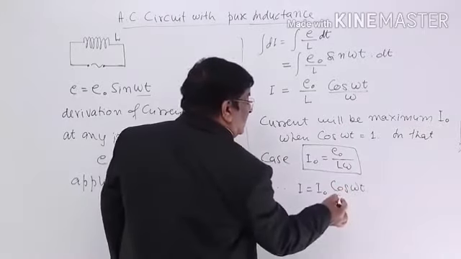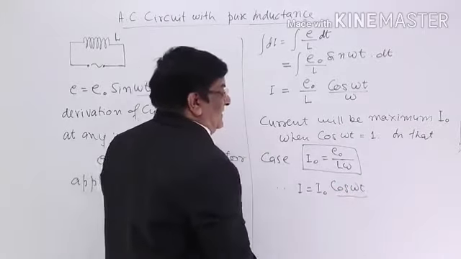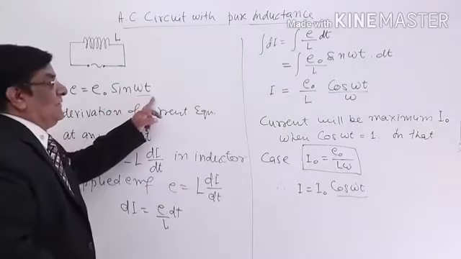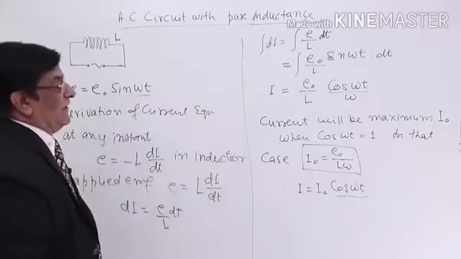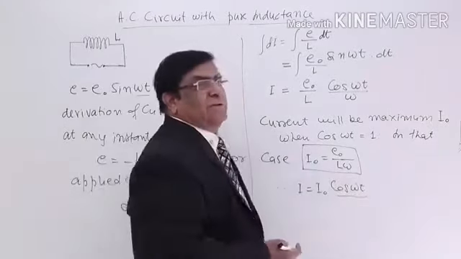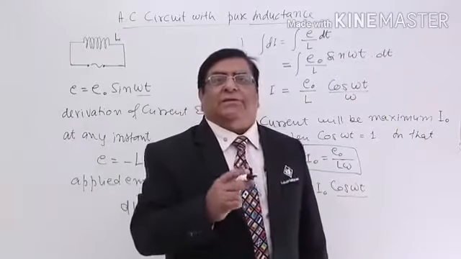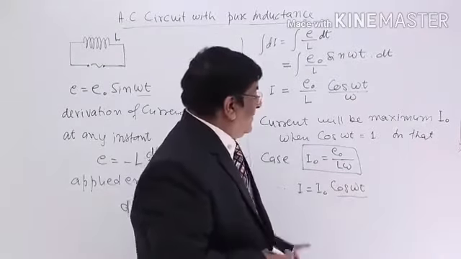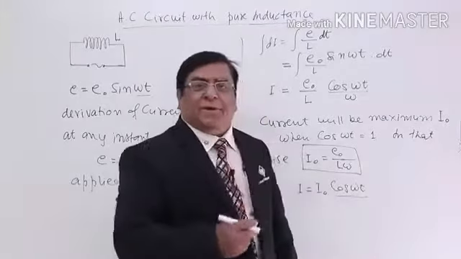I want to convert it to sin omega t because our EMF equation has sin omega t. We want an equation of I in terms of sin omega t. So cos omega t is equal to sin of omega t plus pi by 2 or sin omega t minus pi by 2.